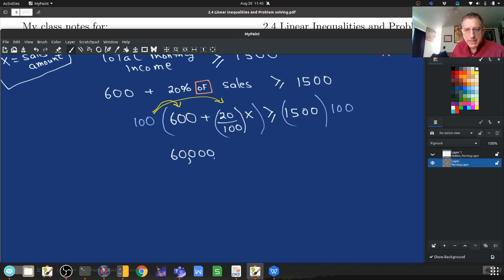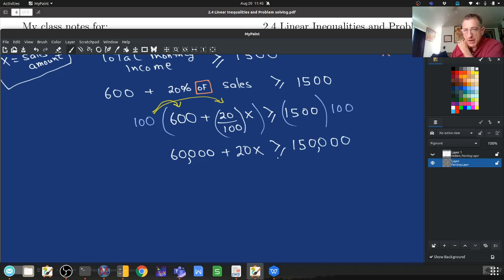So it becomes 60,000. And here, 100 times 20 divided by 100 times x is the same as 100 divided by 100, which is 1 times 20x. So that's just 20x. And here, to multiply 1500 by 100, I just add 2 zeros.